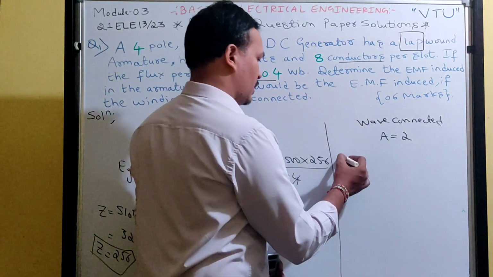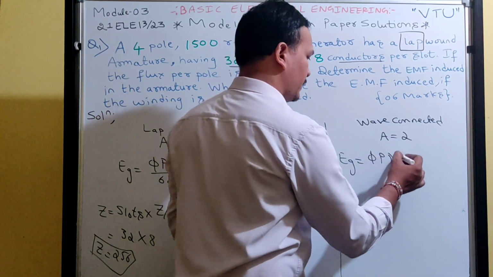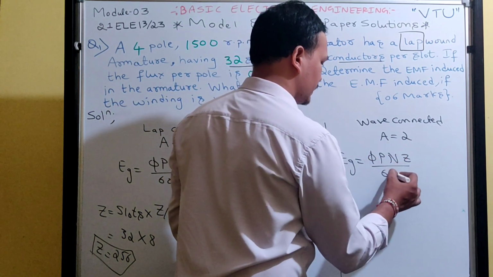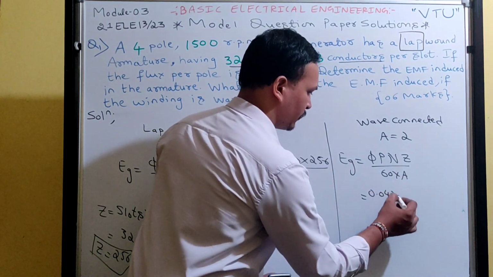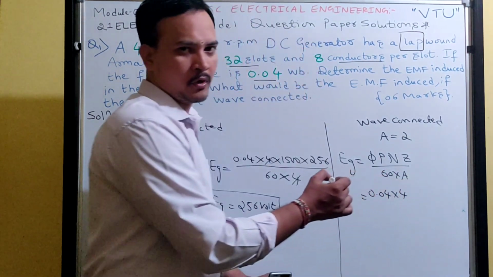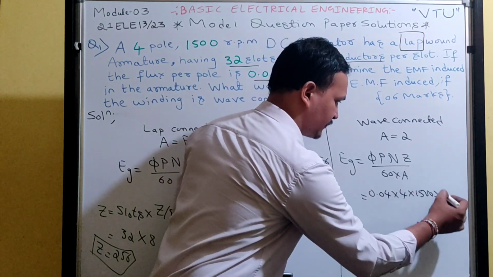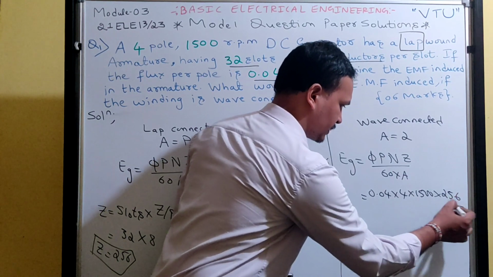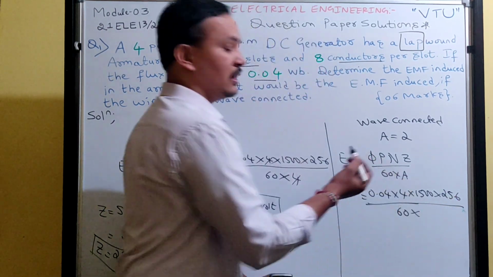That's it. Now for Eg, you write the formula again: Eg is equal to ΦPNZ/60A. What is the value of flux? 0.04. What is the value of poles? 4 poles. What is the value of speed? 1500. What is the value of Z? Total Z is 256, divided by 60 into what is the value of A?